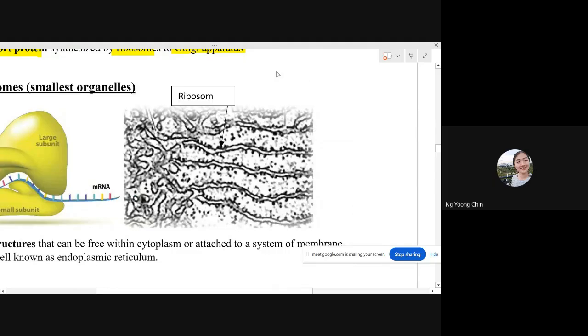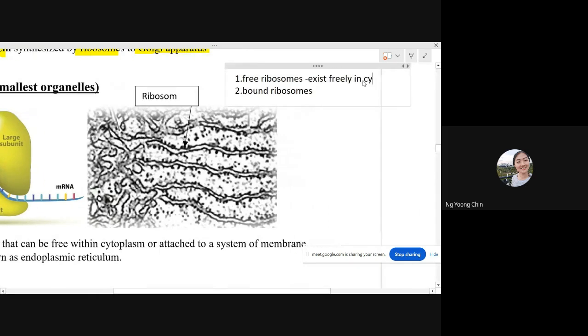One we call the free ribosome, and the second we call the bound ribosome. A free ribosome exists freely in the cytoplasm.